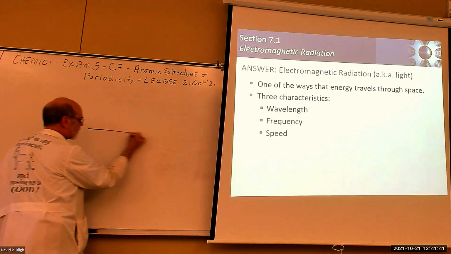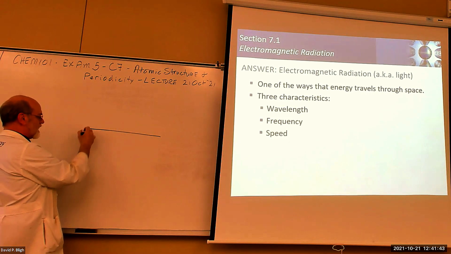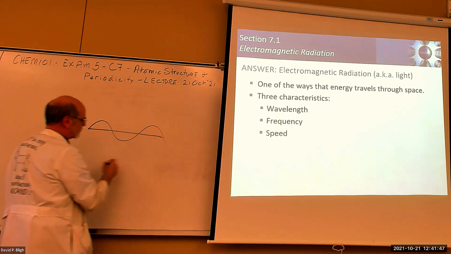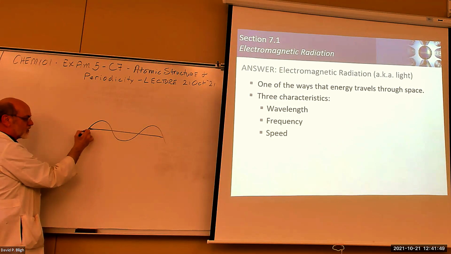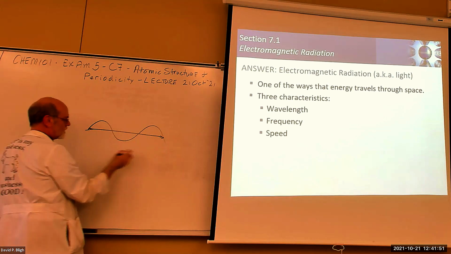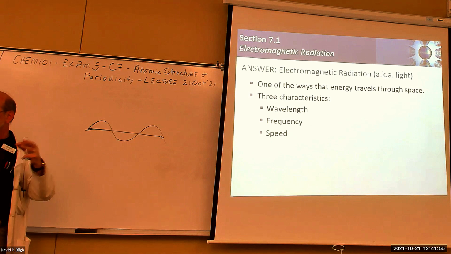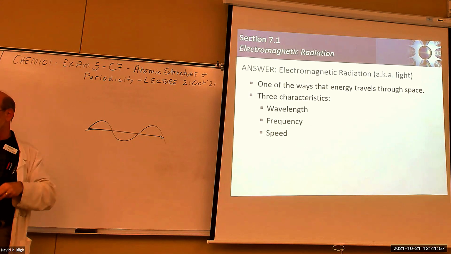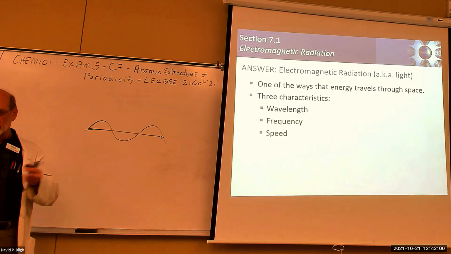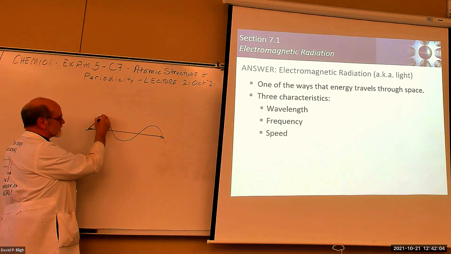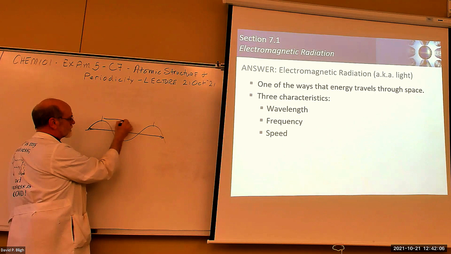Wavelength, think of light as a sine wave. So it's moving in this direction, and it's varying both in its electrical field strength and its magnetic field strength, which is neither here nor there for our purposes. But the wavelength is the distance between two crests.